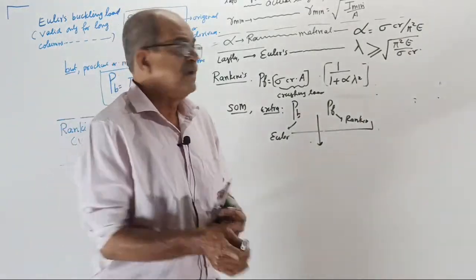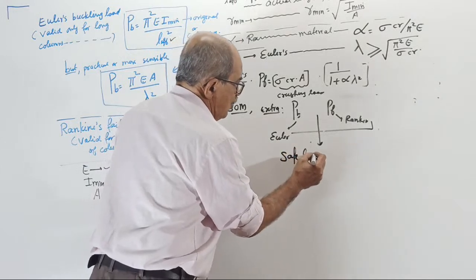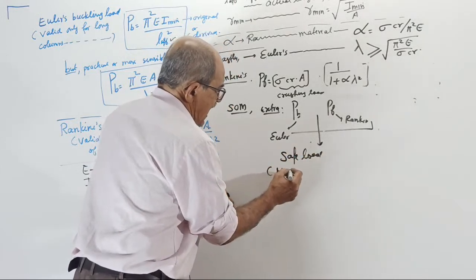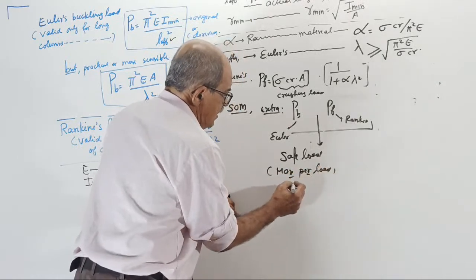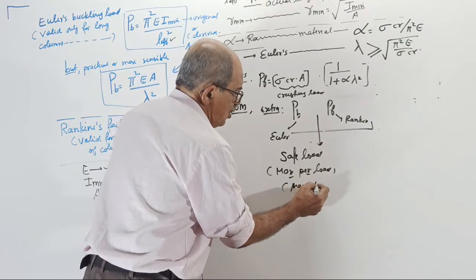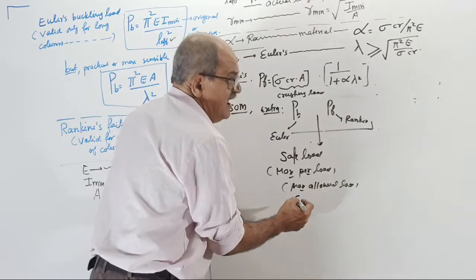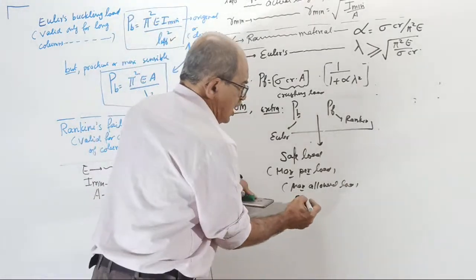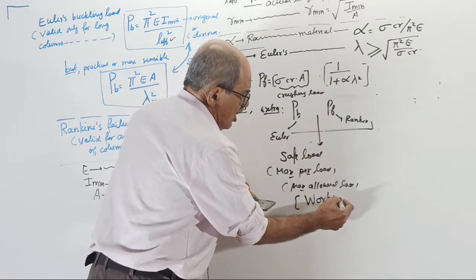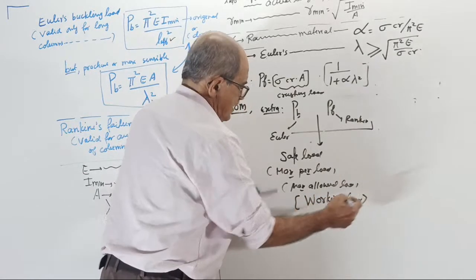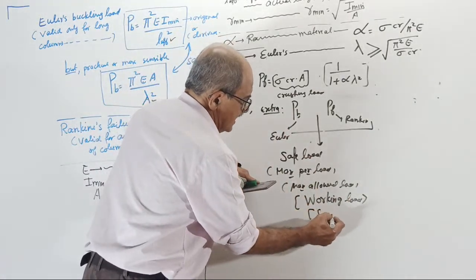Therefore, there is a term called safe load, also called maximum permissible load or maximum allowed load. Or from the IS code point of view, what is it called? It is also called working load, or one more name, service load.